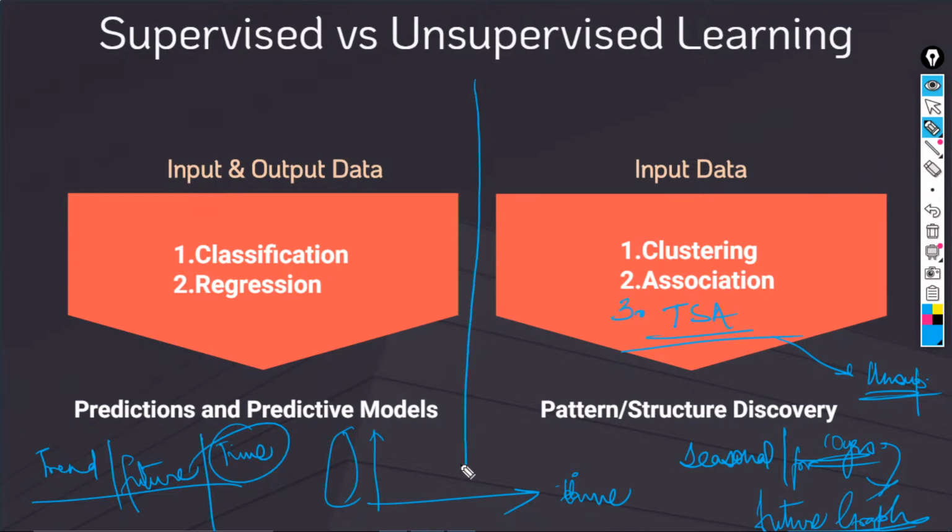So we have things like these which are very famously used in supervised and unsupervised models. So, guys, please understand that in machine learning we have two variants, supervised and unsupervised, both of them doing two different jobs.